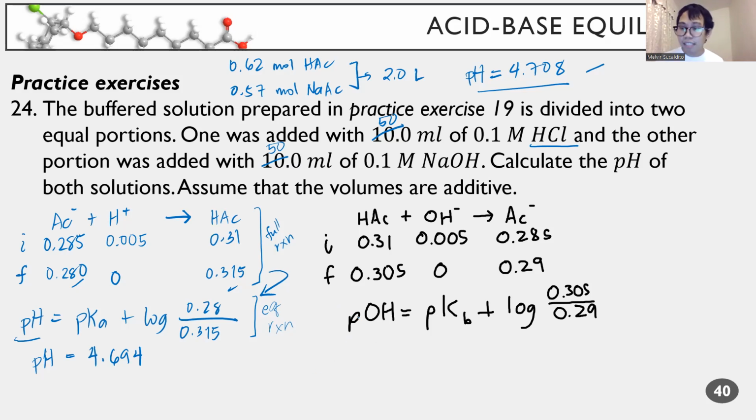So actually for this case, I think it would be impractical to solve for the pOH using this equation. Kasi you can just easily use this equation here. Kasi pKa of acetic acid is readily available. Right? And besides, this equation here already gives us the pH. Is that clear?